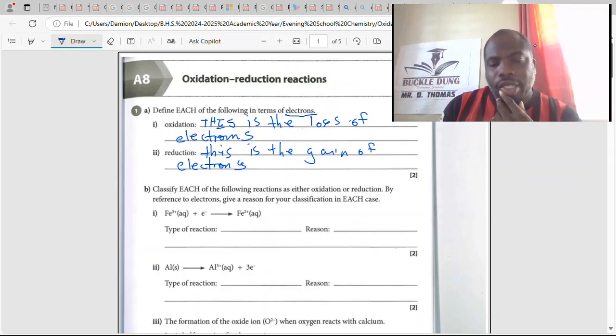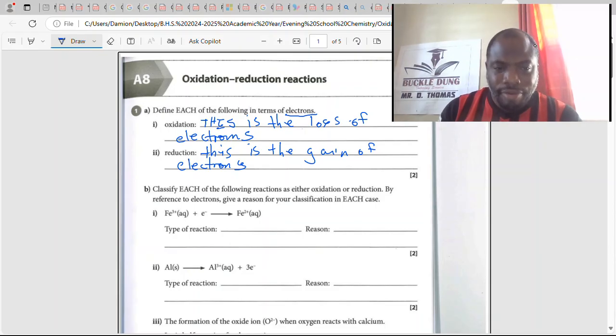All right. Now, we never touched this, but we can use the worksheet to deal with it. It says classify each of the following reactions as either oxidation or reduction. By reference to electrons, give a reason for your classification in each case. So we're seeing Fe3 plus becoming Fe2 plus.